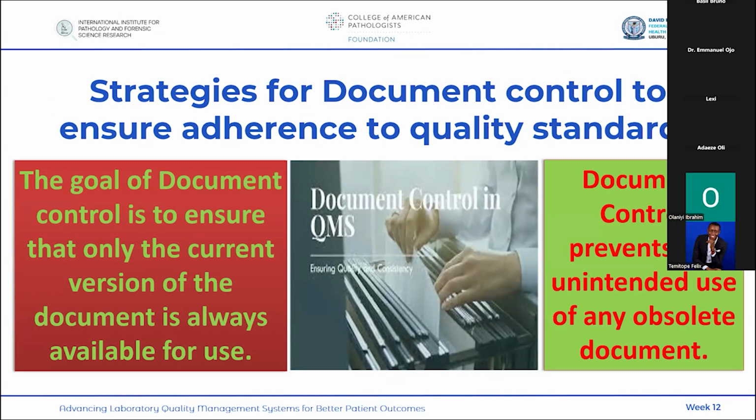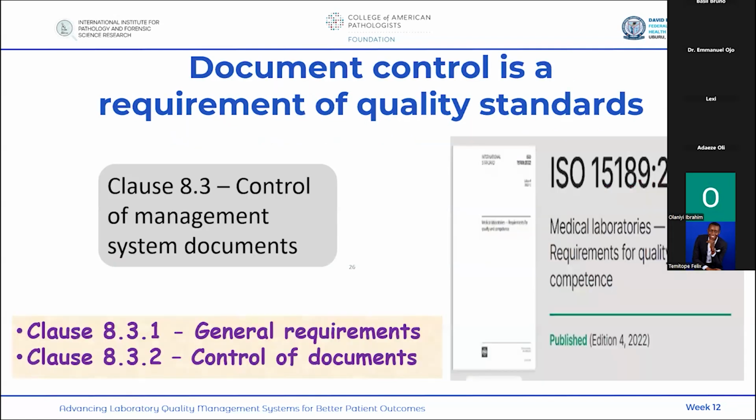So in essence, we control our documents to prevent unintended use of any obsolete document. It means that the versions of documents available and accessible to personnel are the current versions. So document control is a requirement of quality standards.